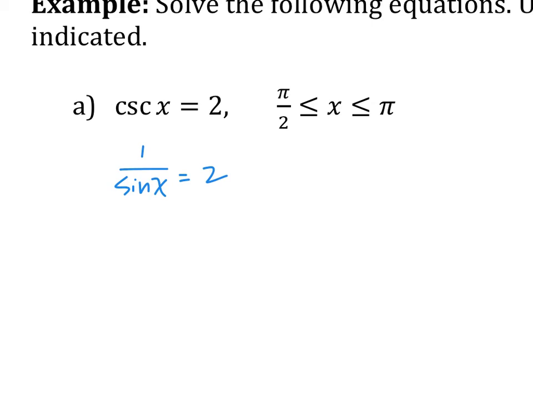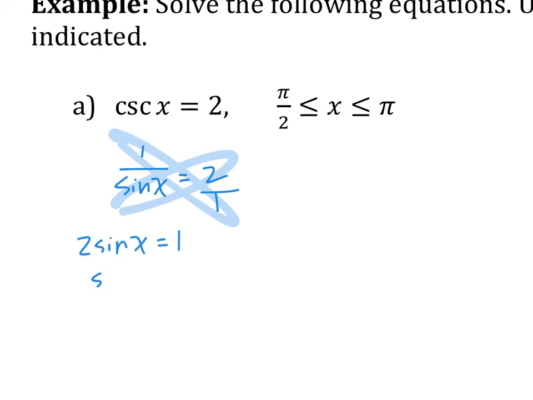Remember I said if you want to find sine, 1/2. So flip this side. Okay, cross multiply. 2 sine x equals 1, sine x equals 1/2.